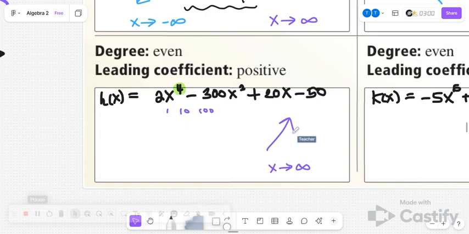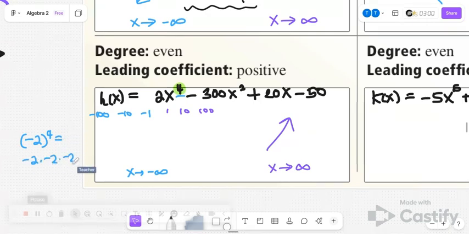And when x is getting smaller, approaching negative infinity, what's going to happen? Because of this even exponent, all the negatives are going to be gone. For example, negative 2 to the fourth power is negative 2 times negative 2 times negative 2 times negative 2.